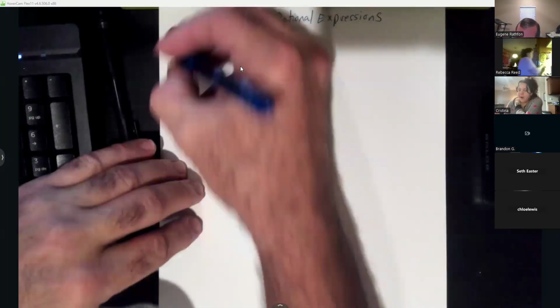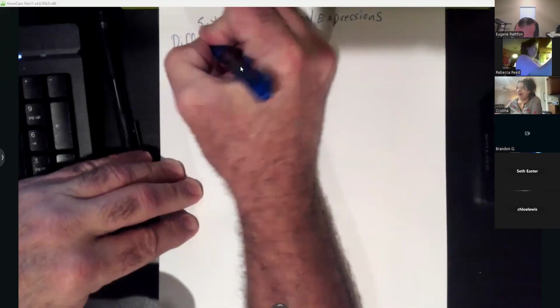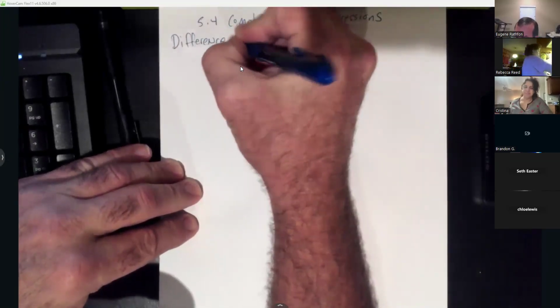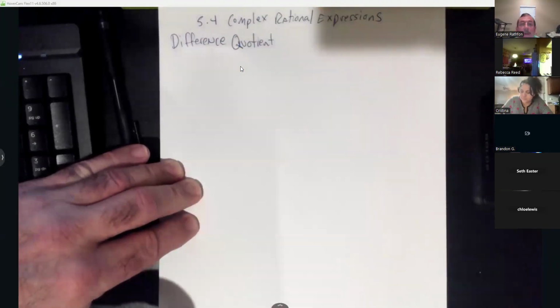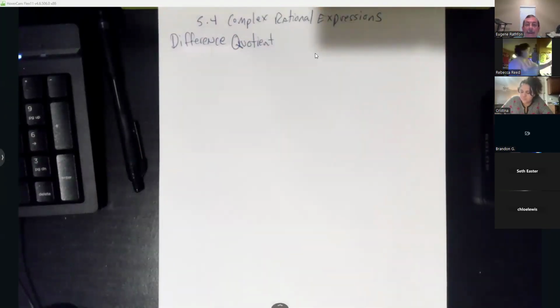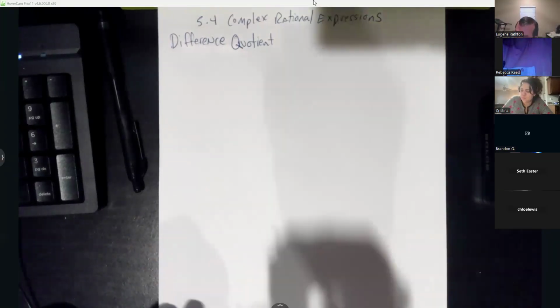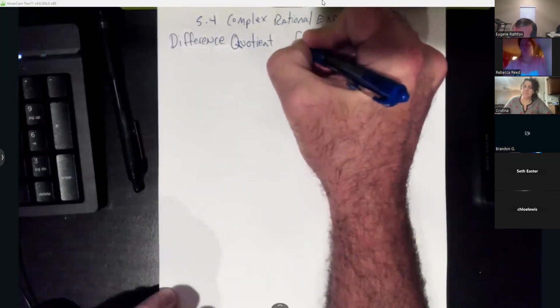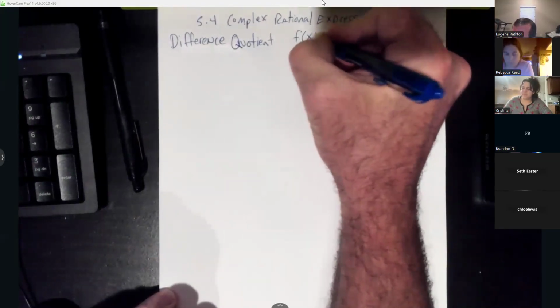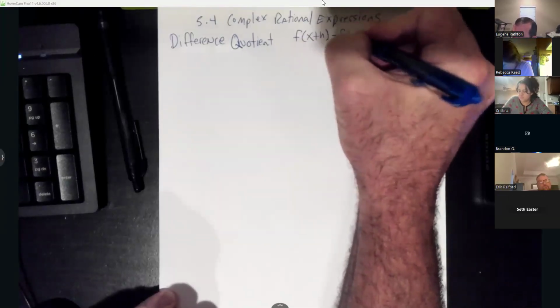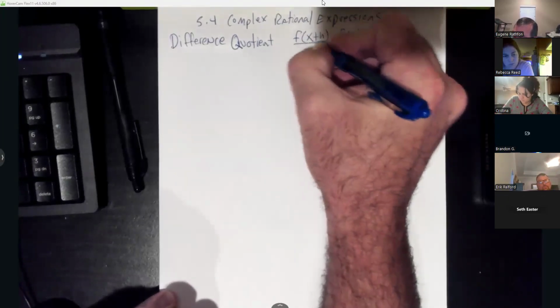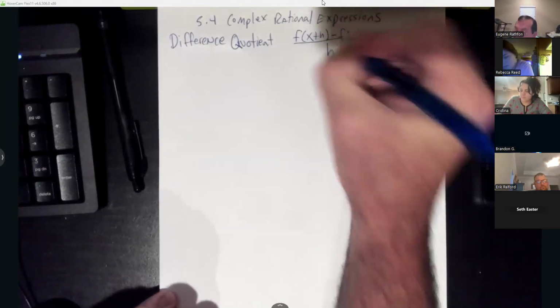So we call this the difference quotient. Oh, and also the difference quotient is f of x plus h minus f of x, all of that divided by h.